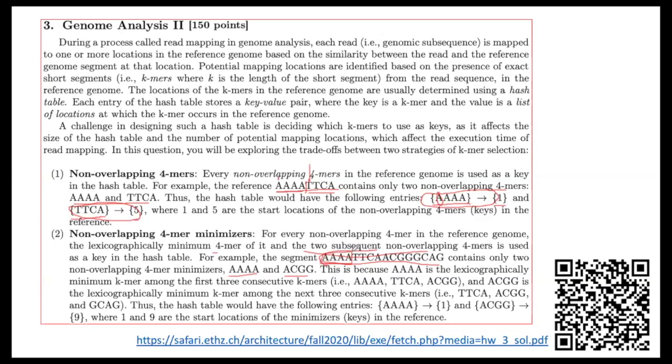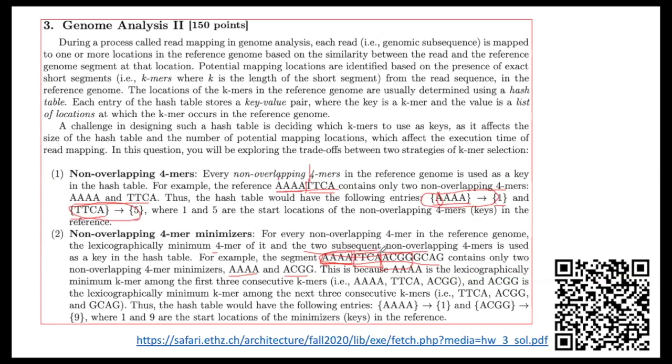The second non-overlapping k-mer is these 4 characters, which is TTCA. And the third k-mer, that is also non-overlapping, this is very important, is ACGG. So now we have already extracted 3 k-mers out of this sequence.